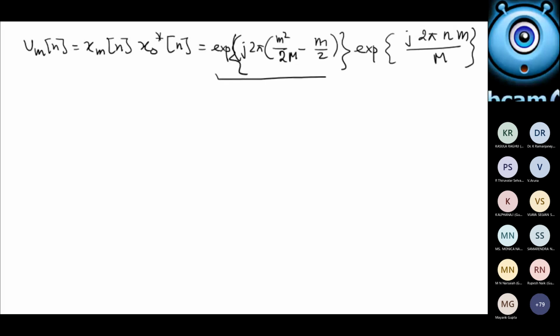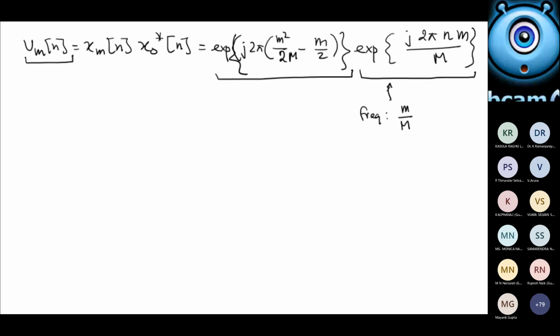So as we just discussed, this is a constant phase term, the first term, but the second term, this pure sinusoid, has a frequency small m by capital M cycles per second. Now let us see what happens if we take the DFT of this Vmn.